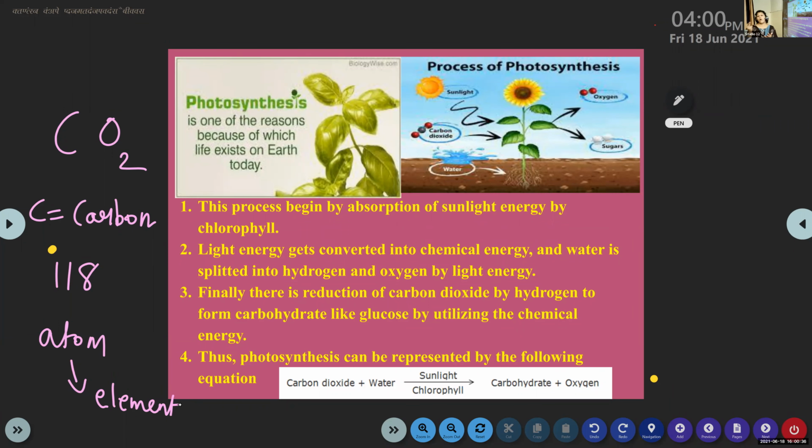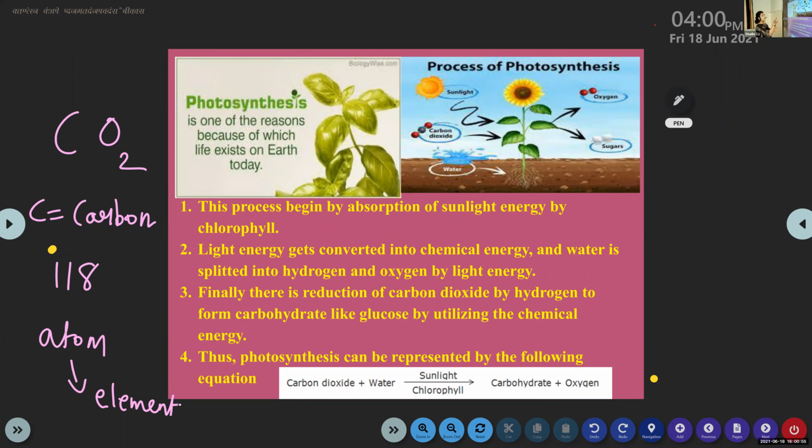So carbon, oxygen, hydrogen, then chlorine, fluorine. You must have heard about all this. Potassium, calcium, zinc. All these are elements. All these are atoms. So carbon dioxide is a mixture.